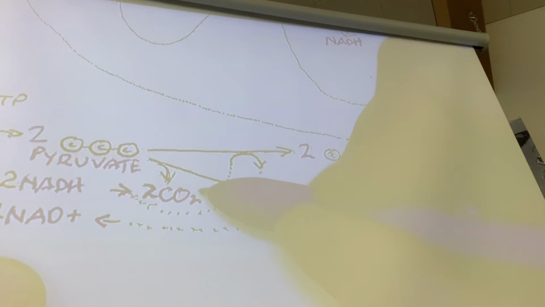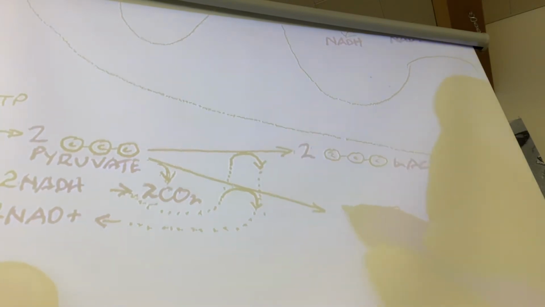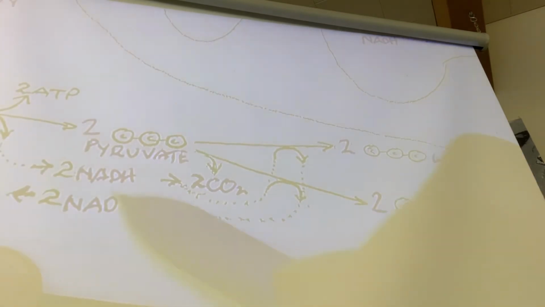Then the next enzyme puts on the hydrogen and electron, and that turns it into ethanol. Ethanol molecules, that's how you get your alcohol. So all we're doing is recycling NAD+ to keep making ATP.